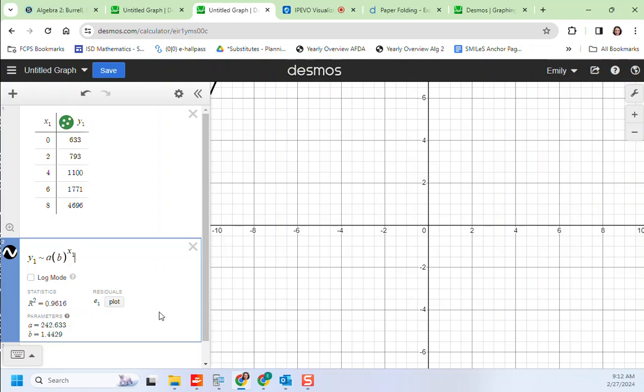Let's see, I'm going to use 3 decimal places. So 242.633. And then times 1.44, and I'm going to round that 2 up to a 3. If you want to write 1.4429, that's okay. And then raise to the x.